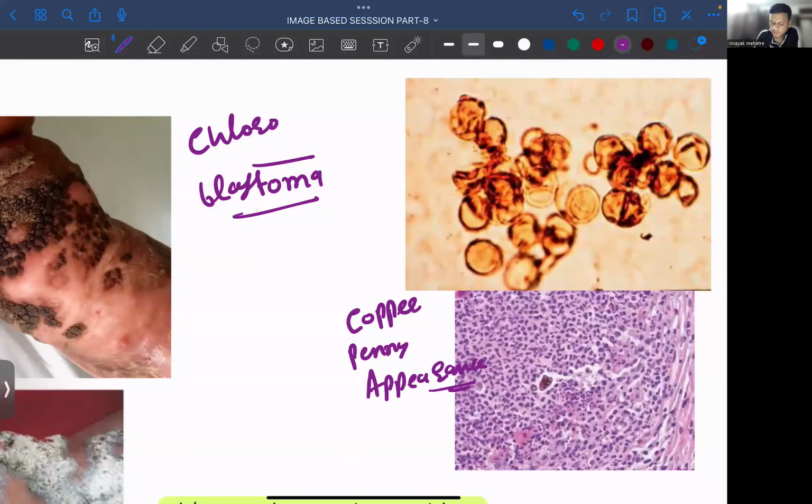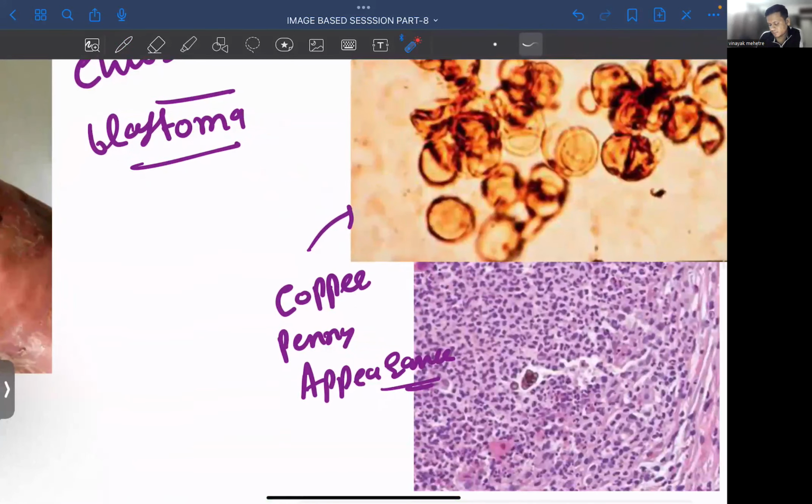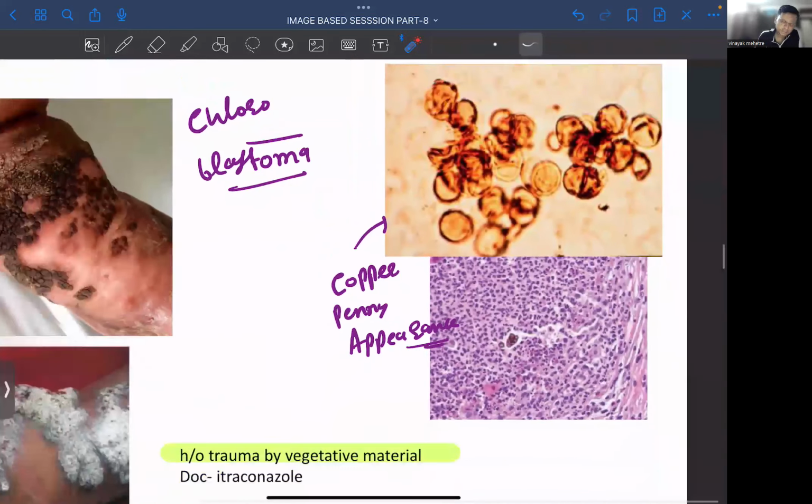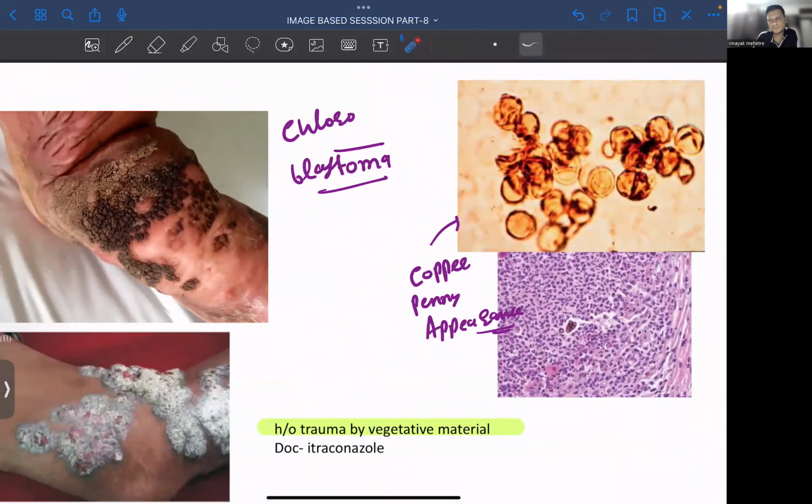Right? Now, ये तो तुम पहचान लोगे, but take a look over here. A whole slide is violet and there is little bit of brownish color. Okay, this is also copper penny appearance. Okay, drug of choice, itraconazole. ठीक है.